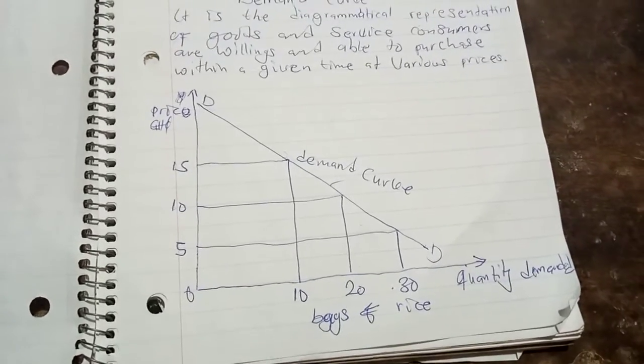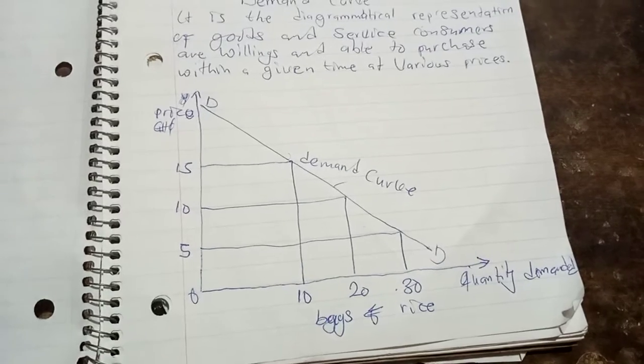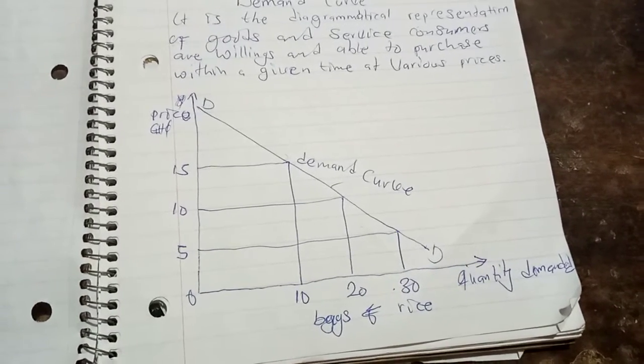So follow me and see how the curve is being drawn. So first, you draw your x and y axes. You go this way, this way.